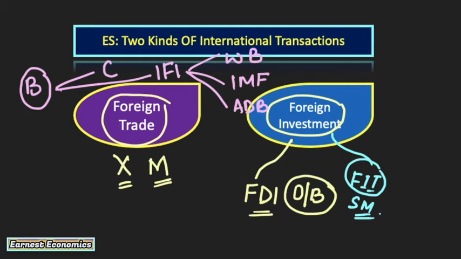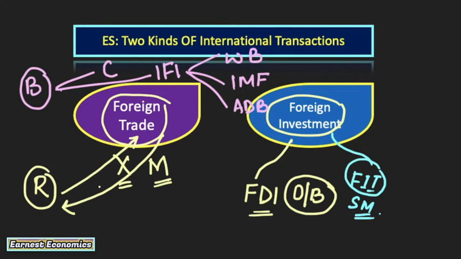Similarly, we have the concept of remittances that I have already introduced. Remittances can come from the rest of the world to a particular country, and from a particular country they can move to the rest of the world. So this becomes one more source of interaction or transaction between two countries. At the same time, sometimes some countries get aid from other countries, or what we may call transfer payments.